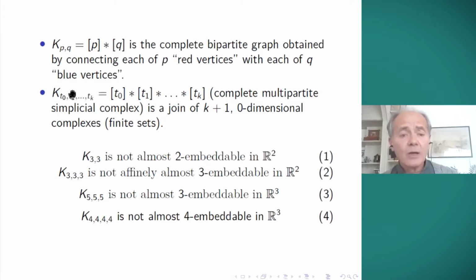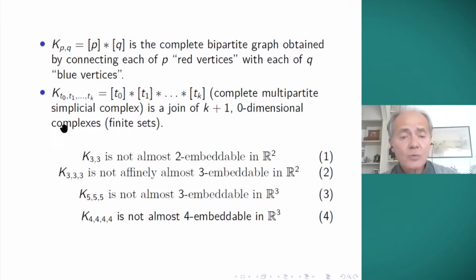And now, what would be a simplicial complex which generalizes the concept of bipartite graph? It is the complete multipartite simplicial complex. So you have k plus one discrete sets and take a join. So it can also be described as a hypergraph, which has at most one point from each of these color classes or something like that.